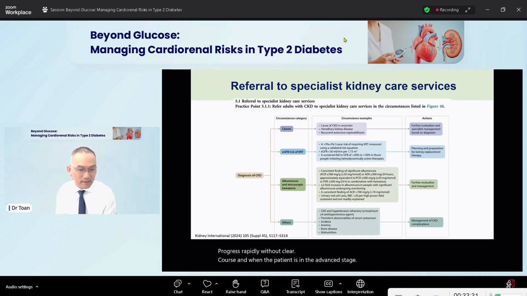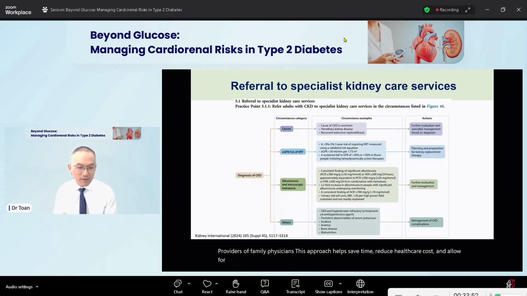Most patients with chronic kidney disease should be managed by primary care providers or family physicians. This approach helps save time, reduce healthcare costs, and allow for continuous follow-up.